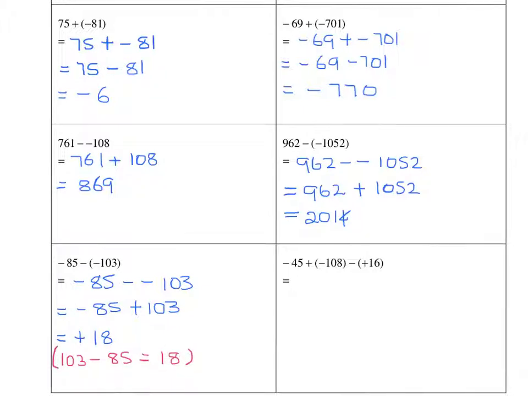Okay, they're getting a little more complicated. So we've got a few double signs to simplify here. So let's rewrite without the brackets first. So the first thing we need to do is simplify the double signs.